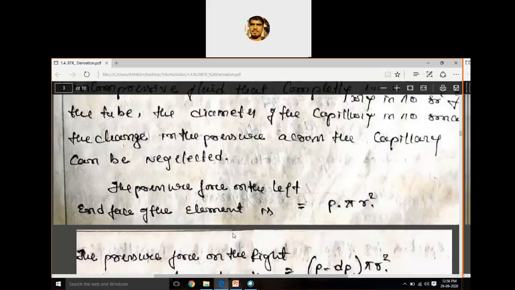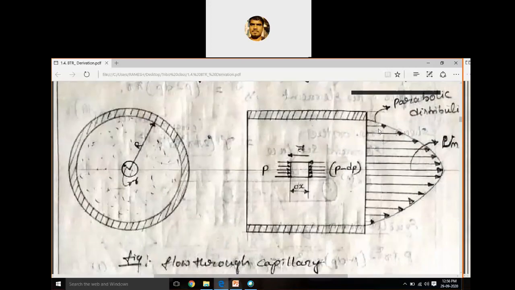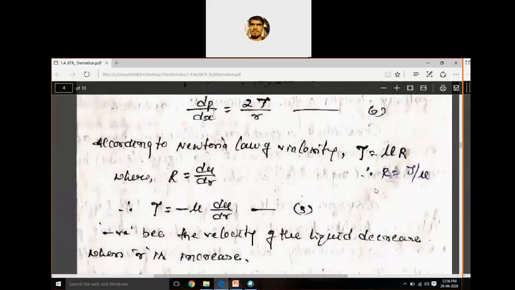See here, the velocity of the fluid decreases when r increases. If you increase the r from 0 to capital R, the velocity decreases. This decrease in the velocity is indicated by the negative sign. Okay, call it as equation 3.